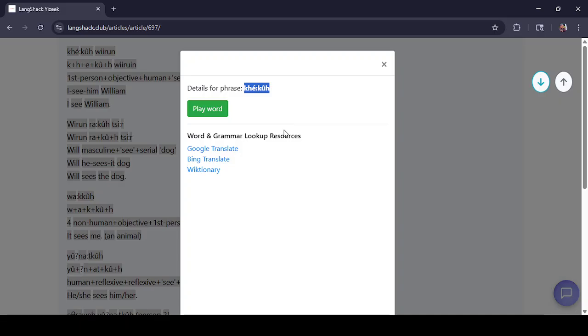So we have here the first person in the objective form. The objective being that there's something that you're going to be seeing.